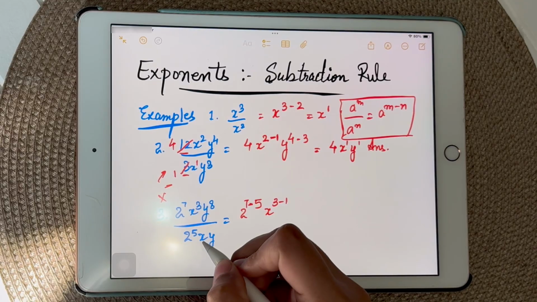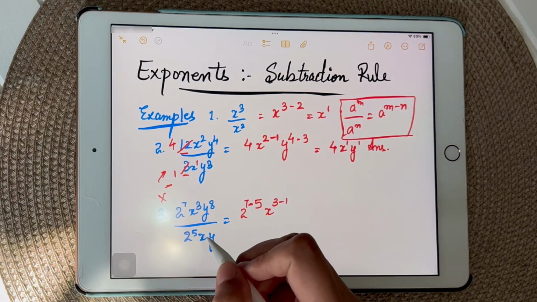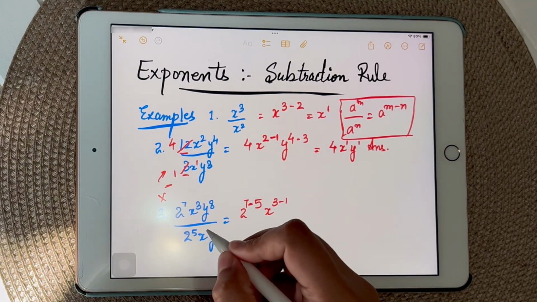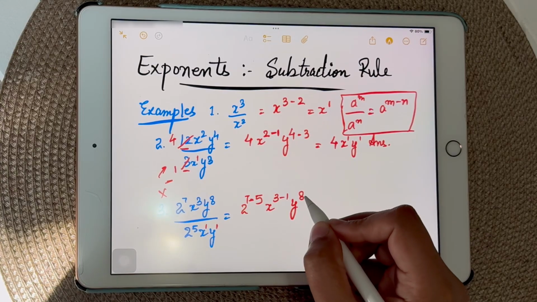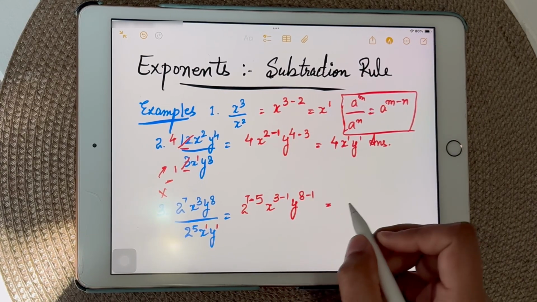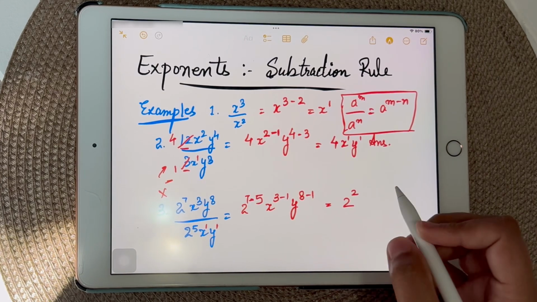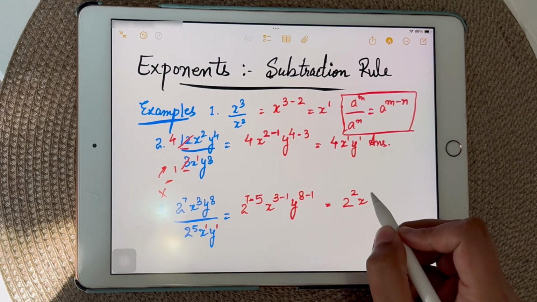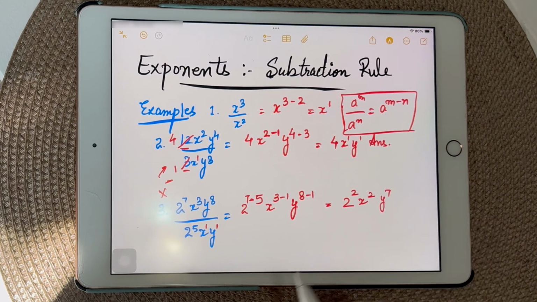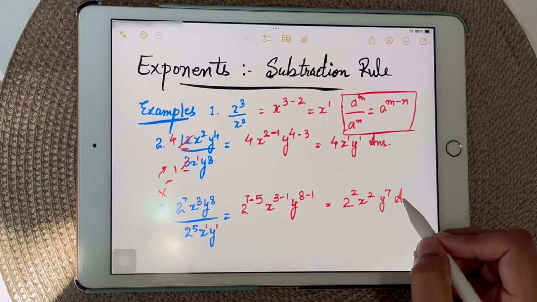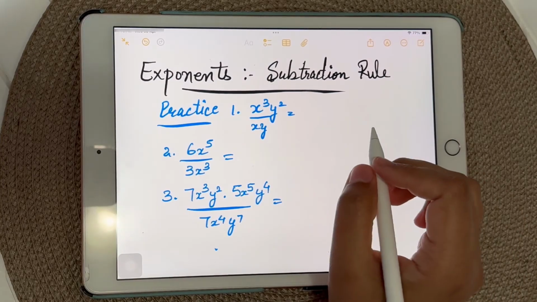Those variables having no power or no exponent, we have to take it as 1, so y raised to power 8 minus 1. Thus we will get 2 raised to power 2, x raised to power 2, y raised to power 7. Answer.